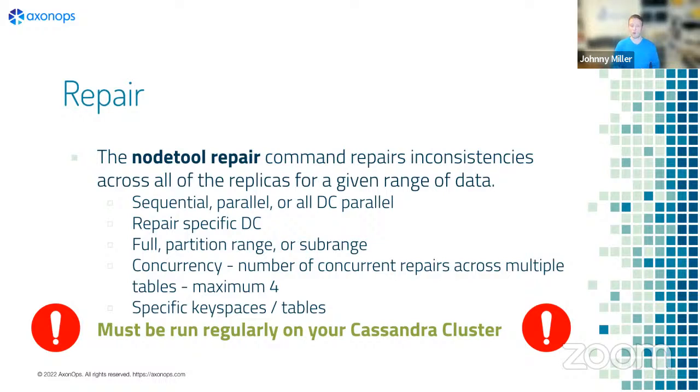They can be run sequentially, in parallel, by DCs. You can do full repairs, sub-range repairs, incremental repairs. You can control the concurrency of repairs. You can repair specific tables or keyspaces, etc. And it gives you all of these levers to pull, because it is an important process, but also it is a process that can actually cause harm to your cluster.